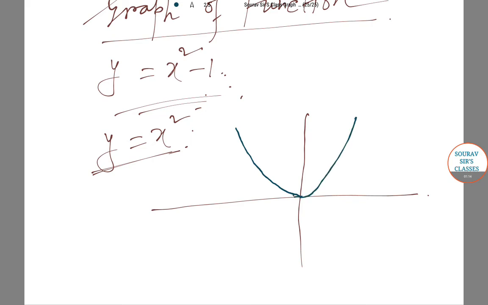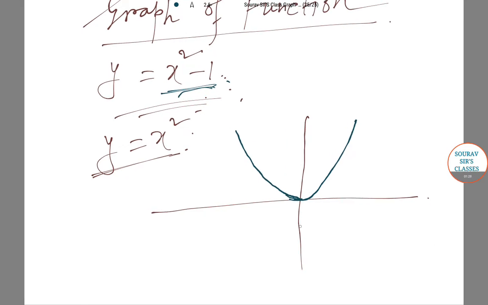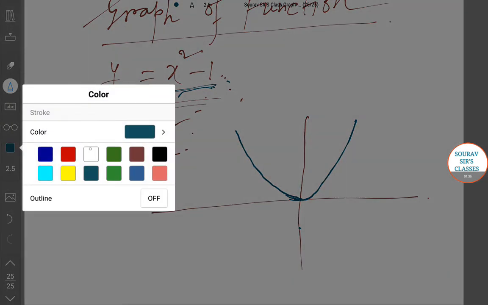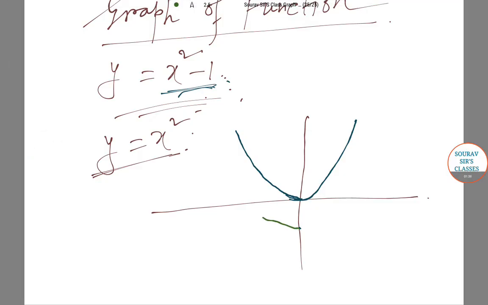Now here the origin shifts. For x squared minus 1, when x equal to 0, y is minus 1, so it will be shifted one step down. So the x squared minus 1 graph will be like this.